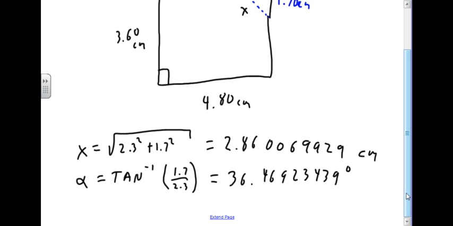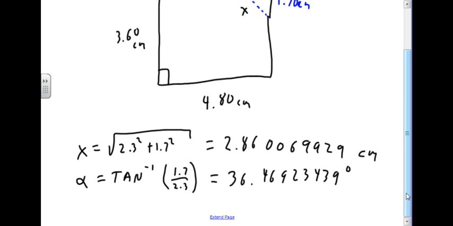All this is a vector with an x and a y, right? My x component is 2.3, and my y component is 1.7. Although that would be a negative number because it's going down, it's okay to put it in that way for now. I hit the answer, and what I get is 2.8600699929. Why put i in there though?